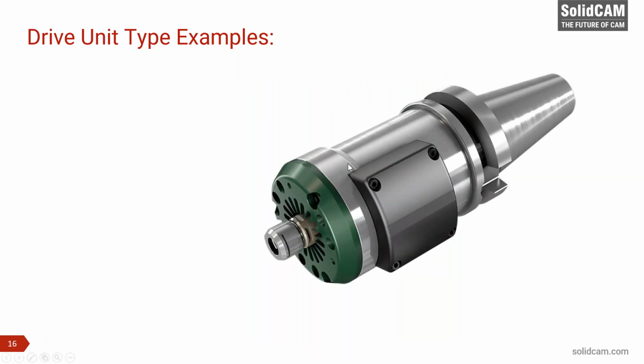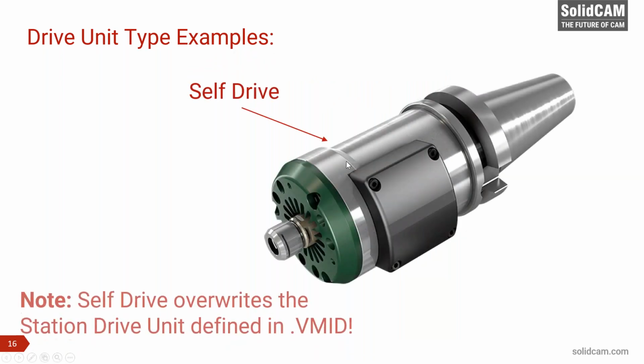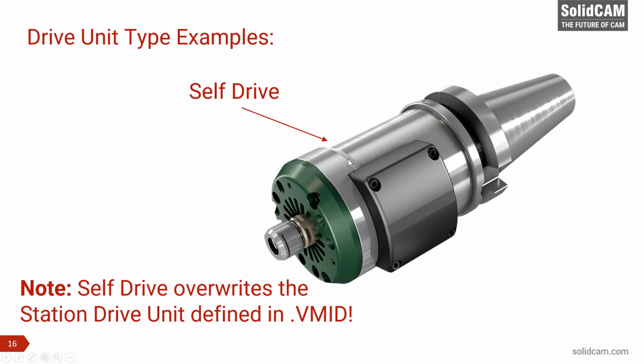The third one is the multi-jet. Here I put the multi-jet as an example. It is a real good example of a self drive. It basically overrides the station drive unit that is defined in the VMID.